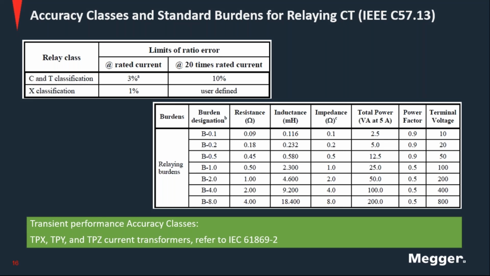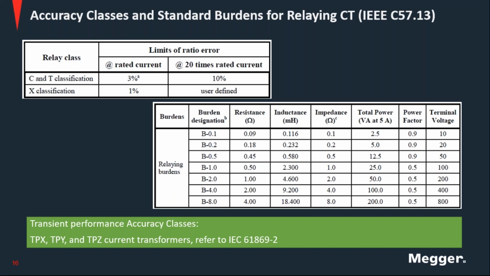And we have the same table for burdens here, and there are some CTs that are not covered in the IEEE standard, but IEEE standard refers them to IEC 61869-2, which is the corresponding family of standards in the IEC world. And this is the reason you would need to sometimes here in the US test CTs under IEC standards. So that's a quick reference about it.